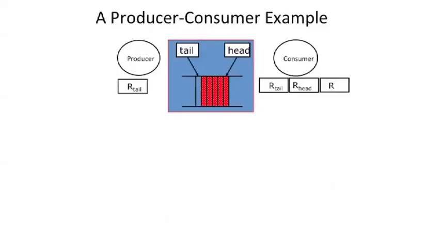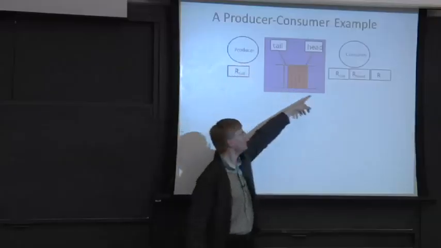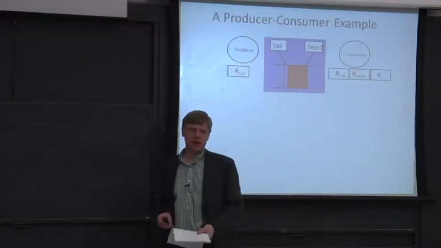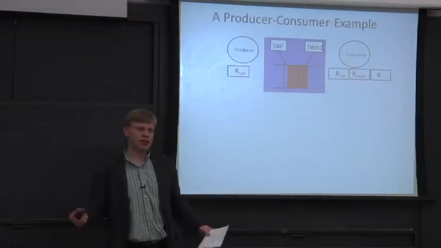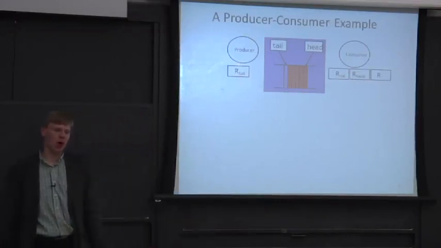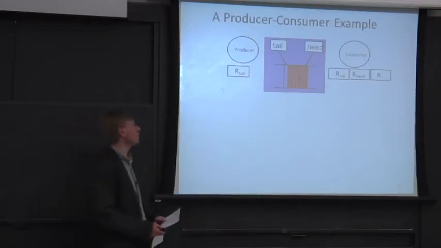OK, so let's look at a producer-consumer example. Let's look at it in the abstract first. So we have a producer here, a consumer there. We're going to use memory, one big symmetric block of memory for all of the communication at this point.